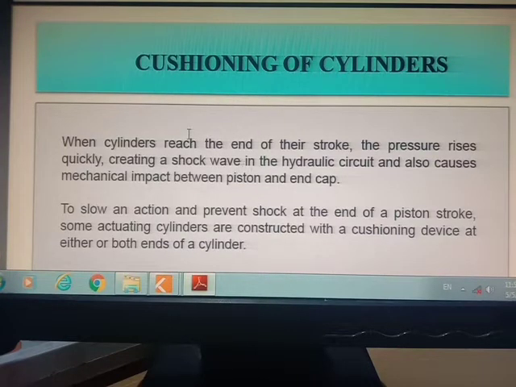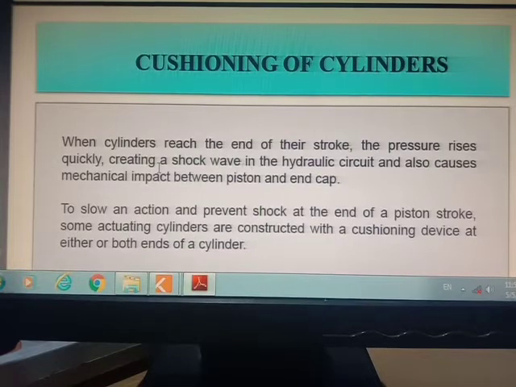So whatever end caps are provided on the cylinder, there are chances of impact, that the piston will strike the end cap, right? And therefore there is one simple arrangement we have to make. We have to slow the speed of the piston at the end of the stroke.